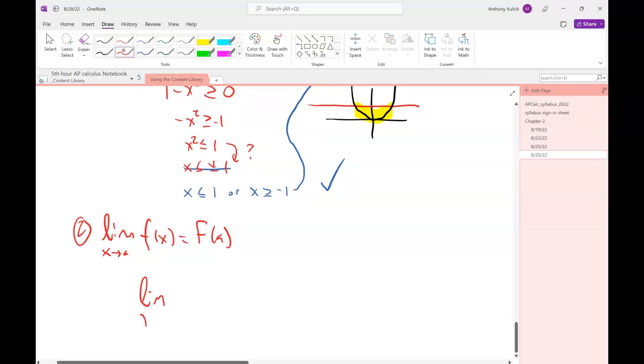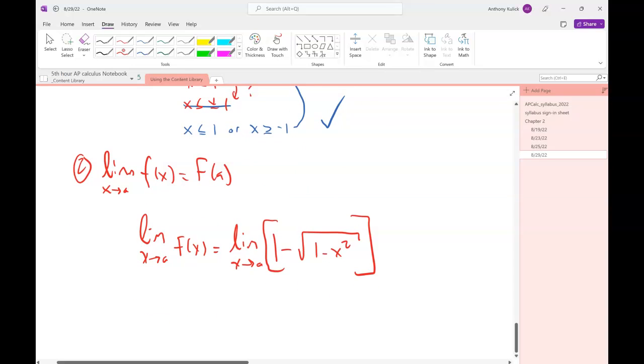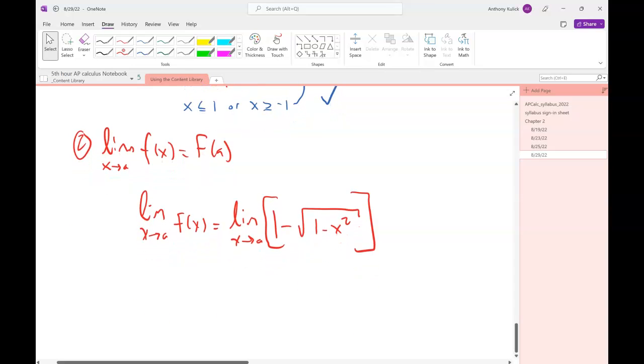So the limit as x approaches a of f of x is equal to the limit as x approaches a of 1 minus the square root of 1 minus x squared. And I'm going to do this so it's clear that the limit applies to the entire thing. Everybody still good? From here, I'm going to use limit laws. Everybody good with that?